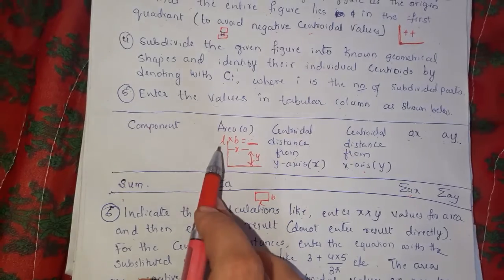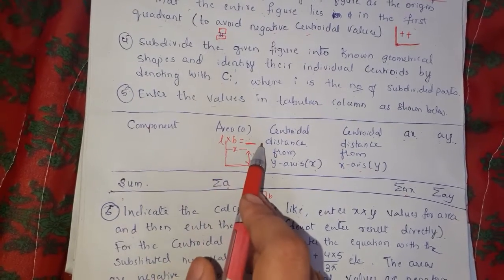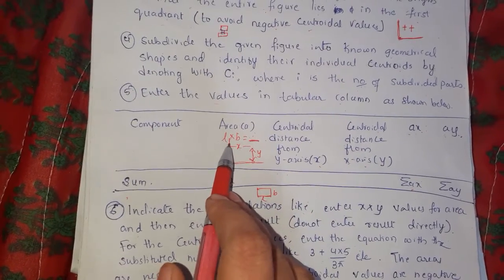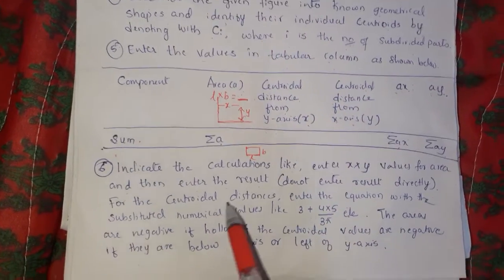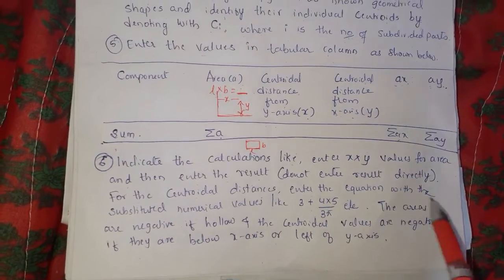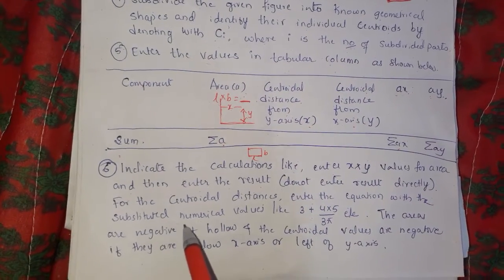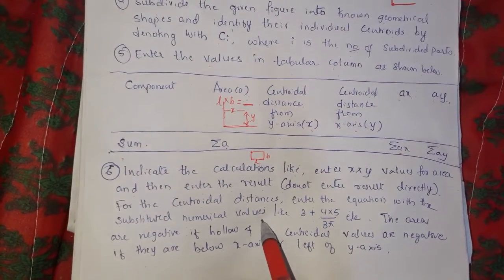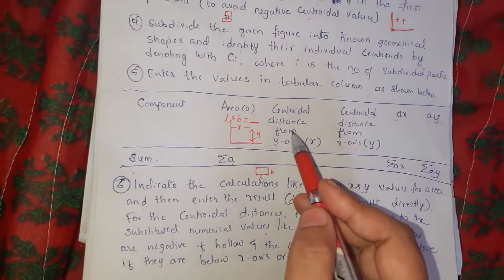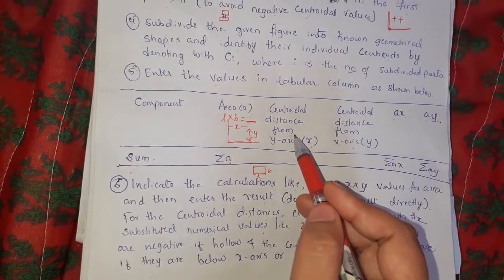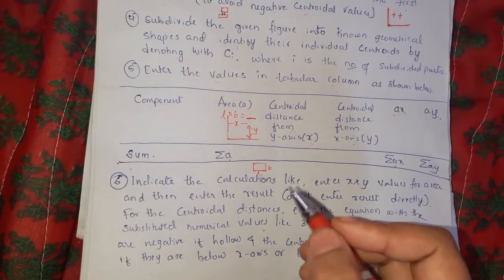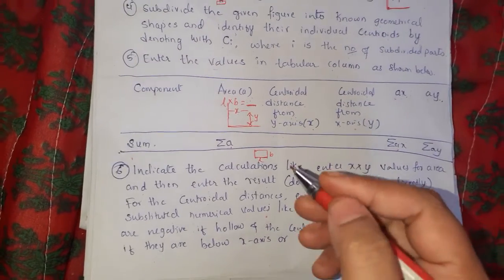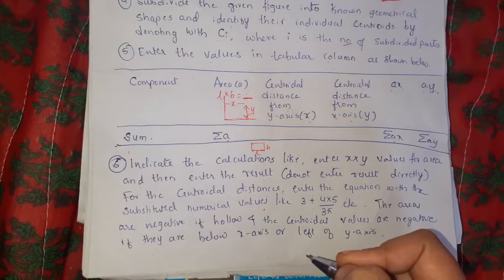Write 2 into 2 is equal to 4. Like that you have to enter the values of area. Also for the centroidal distances, enter the equation with the substituted numerical values. In writing the centroidal distance also, you have to write how much distance it is from the x-axis or from the y-axis by writing the numericals accurately.